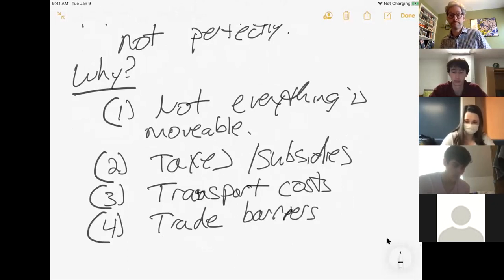You can't simply move goods because there's no trade agreement between countries. So for instance, you wouldn't expect purchasing power parity to hold very well between the US and North Korea, because there are lots of barriers to moving goods between the US and North Korea. So you have to think about purchasing power parity as a rough approximation of the world, right?